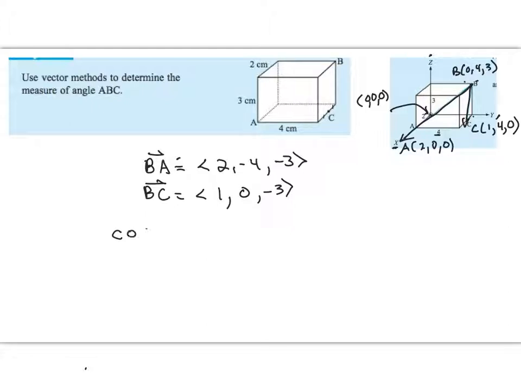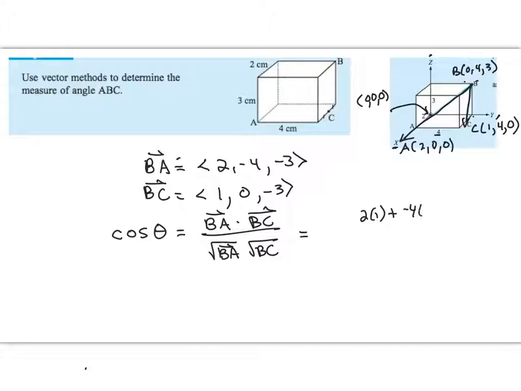It's really easy. From here, the cosine of the angle is going to be vector BA dot vector BC over the magnitude of BA times the magnitude of BC. Alright, so let's start with the dot product. 2 times 1 plus negative 4 times 0 plus negative 3 times negative 3.